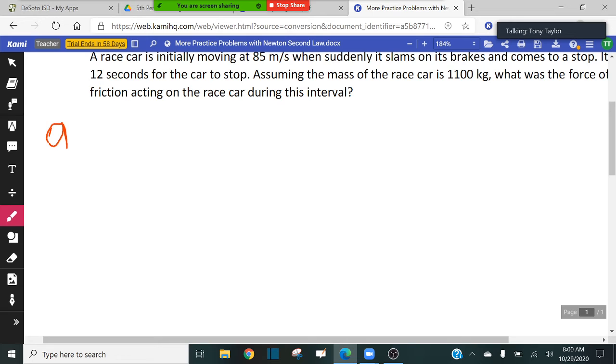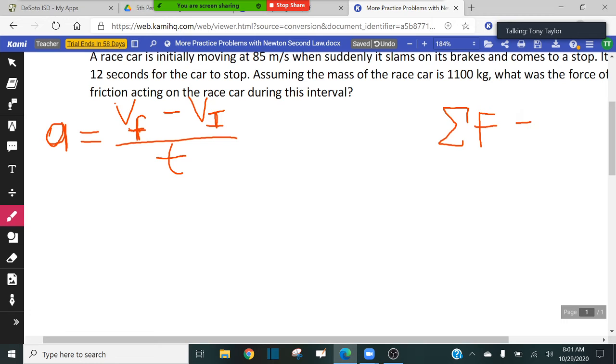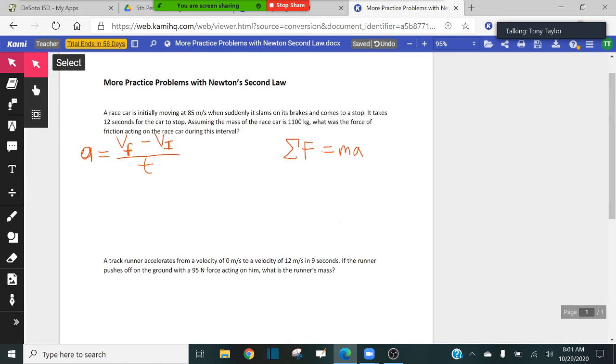Acceleration is mathematically defined to be final velocity minus initial velocity divided by your time interval. So we're going to need to know this equation. And also I'm going to write down Newton's second law, which says that the sum of my forces is equal to mass times acceleration. So that's another one we have to know.